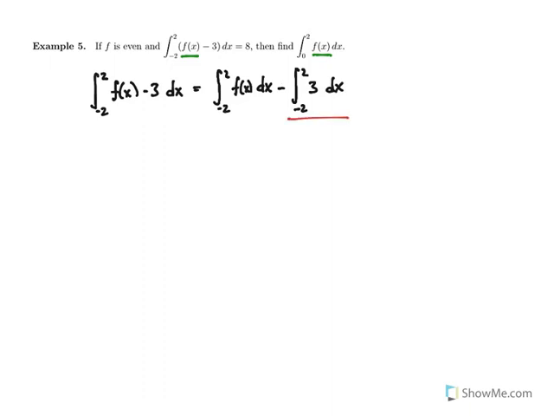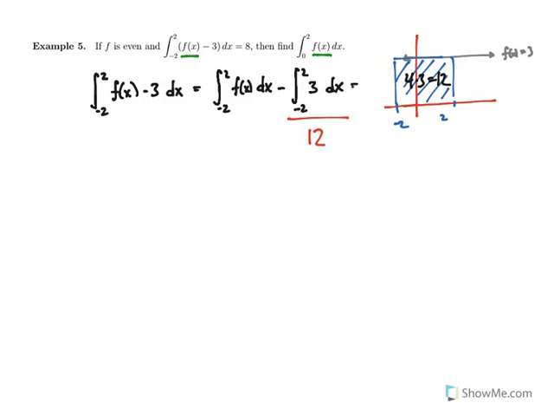And the nice thing about this integral is we can think about it as the area under a constant function from -2 to 2. And that's going to be a base of 4, a height of 3. That's going to be 12 units. So this is going to be equal to 12.